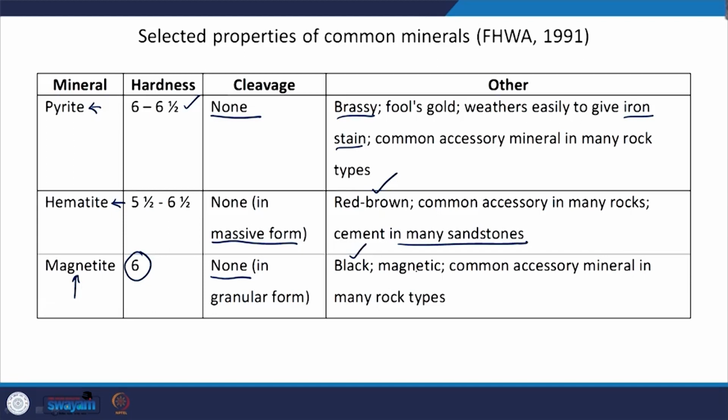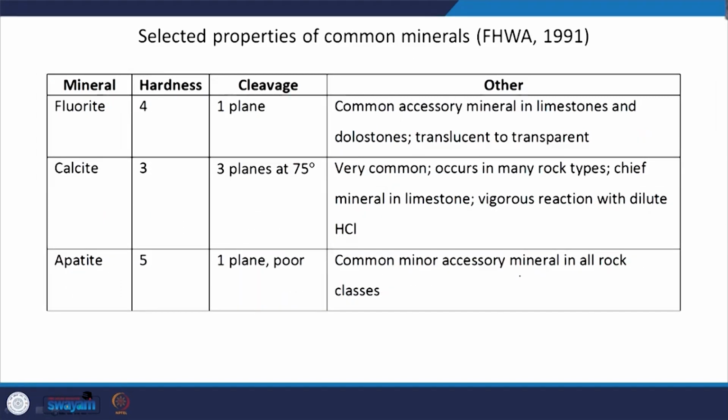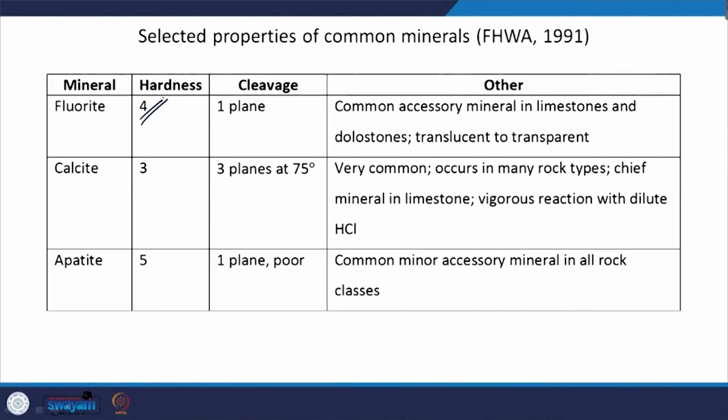It is magnetic, which is a very important property of this mineral, which identifies it from the rest of the other minerals. This is a common accessory mineral in many rock types. Come to the next, that is fluorite, having a hardness of 4, only one plane. This is a common accessory mineral in limestone and dolostone.